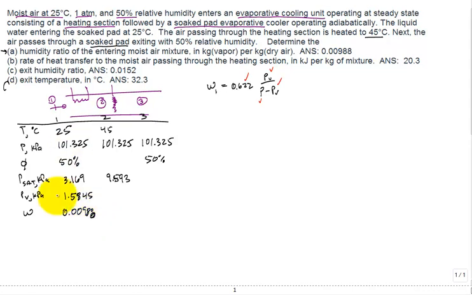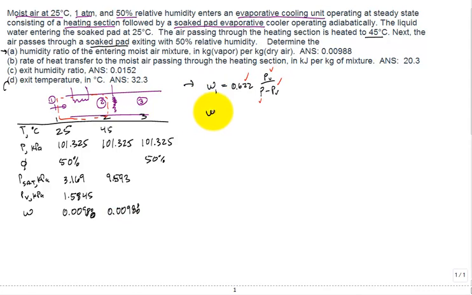Okay, now if you do a water balance between 1 and 2, you ask yourself, what was the increase in the water content? There was no increase. So omega 2 is equal to omega 1 from water balance. And so it's 0.00988. Okay, then you come back to this equation for omega.